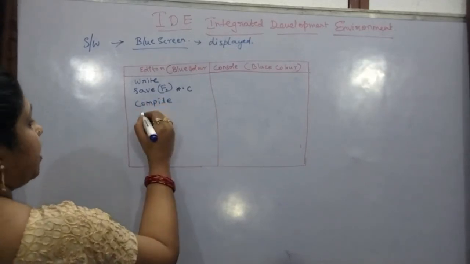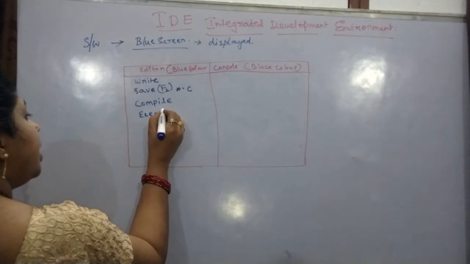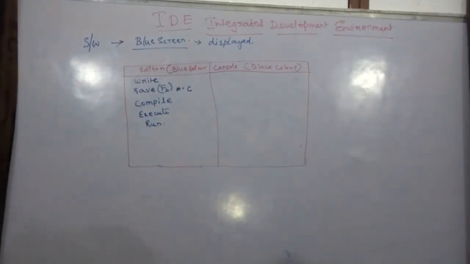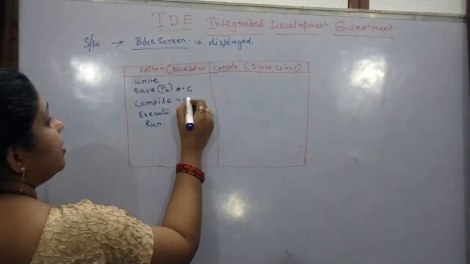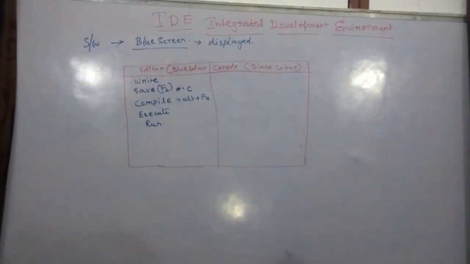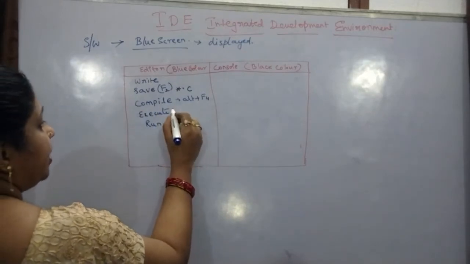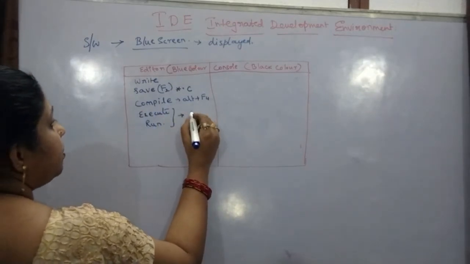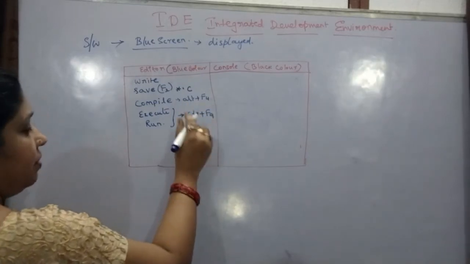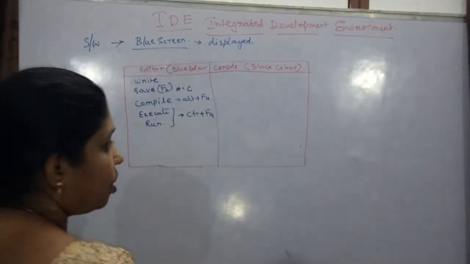After compiling, you will execute and run the program. For compiling, you have Alt plus F4, and for executing and running the program, Control plus F9. These are the keyboard shortcuts.